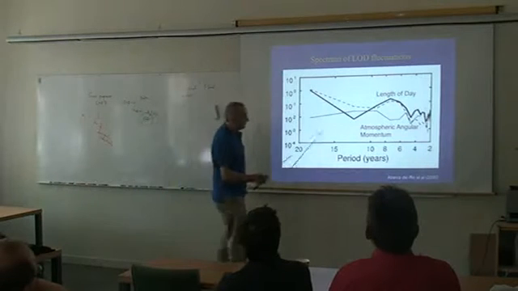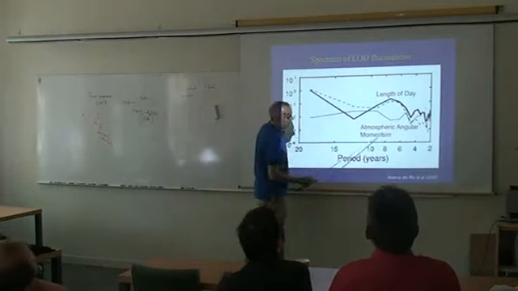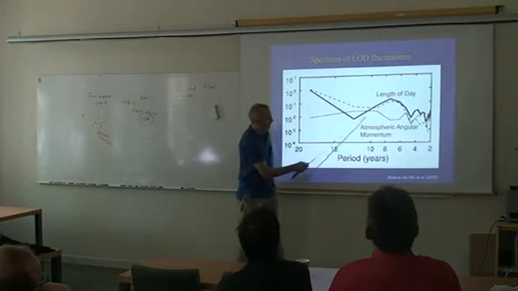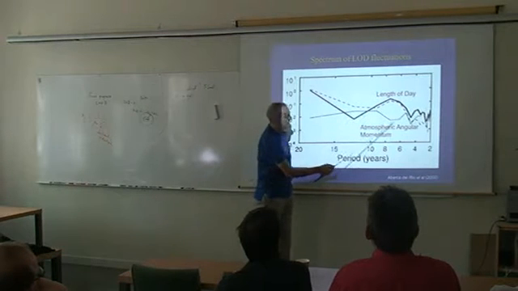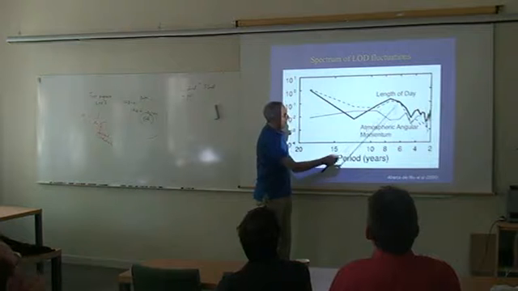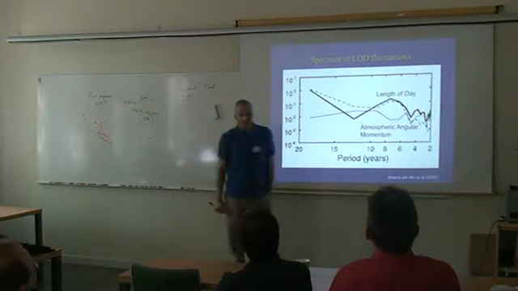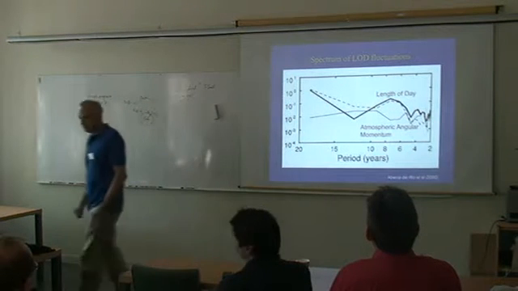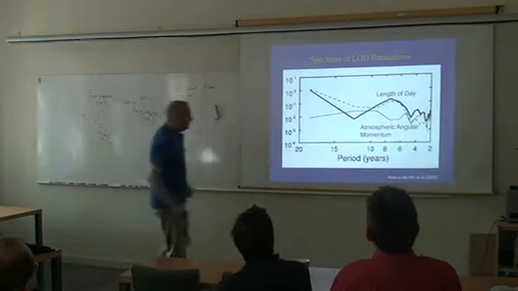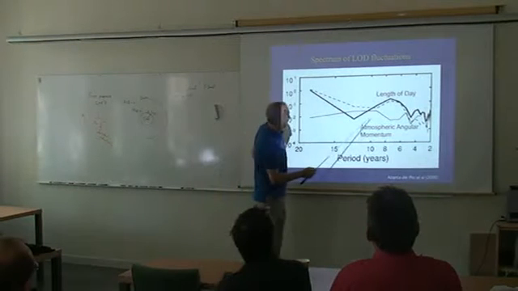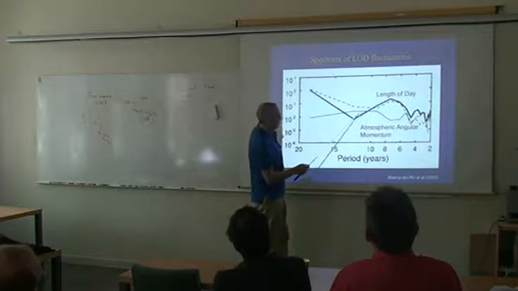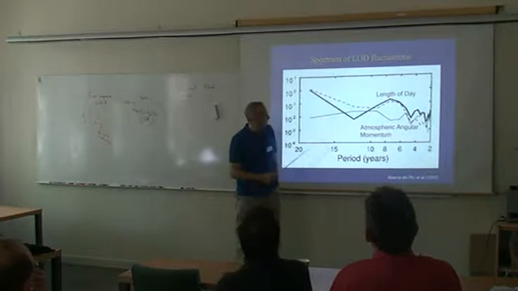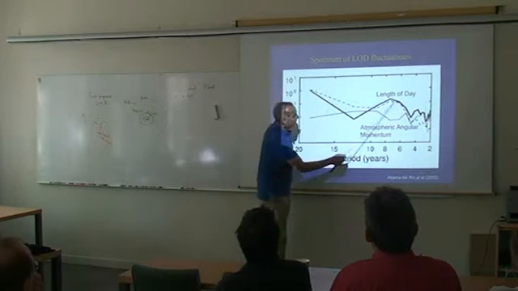And if you look in the atmospheric angular momentum, for example, the atmospheric angular momentum is this line here, and it certainly does not contain a signal in that period. What is the dash curve? So the dash curve is I believe what happens when you subtract the atmospheric angular momentum from the length of day to see what's left, and so that would be what is left.